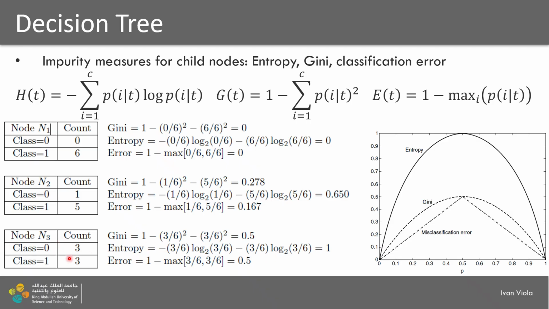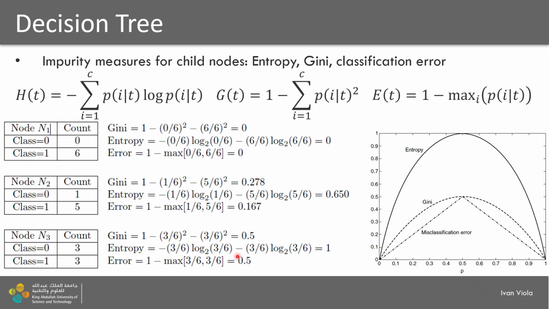In the case that we have 3 and 3, Gini will calculate 1 minus 3/6 squared minus 3/6 squared. So this is 0.5 squared, which is 0.25, 0.25 plus 0.25 is 0.5, and 1 minus 0.5 is 0.5. The same thing holds for the misclassification error: 1 minus the maximum will again be 0.5.